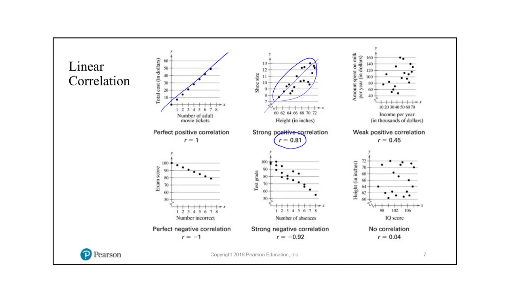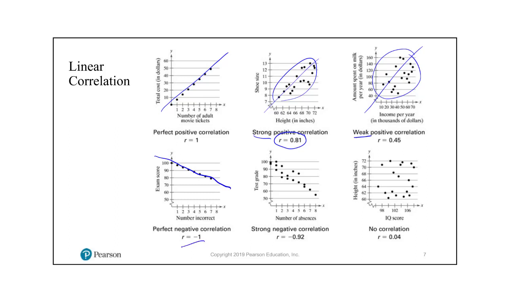Here, they are trending upwards, but they're a little scattered about that trend line. So it still seems to be a positive correlation, but it's a weak positive correlation as opposed to that one, which was strong.